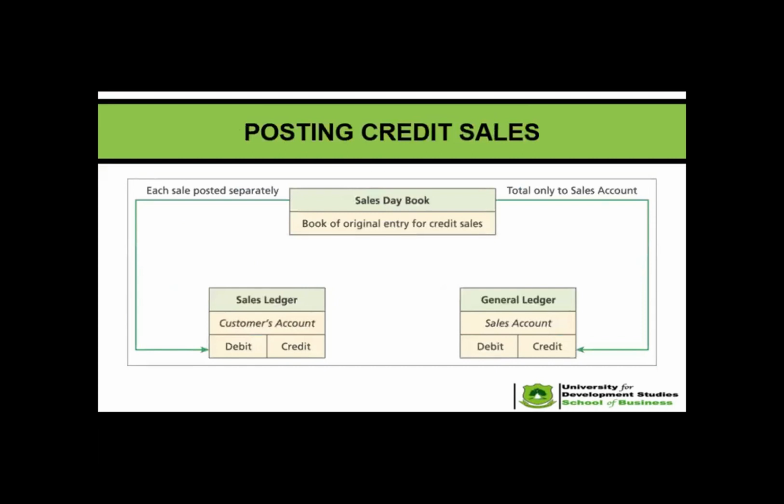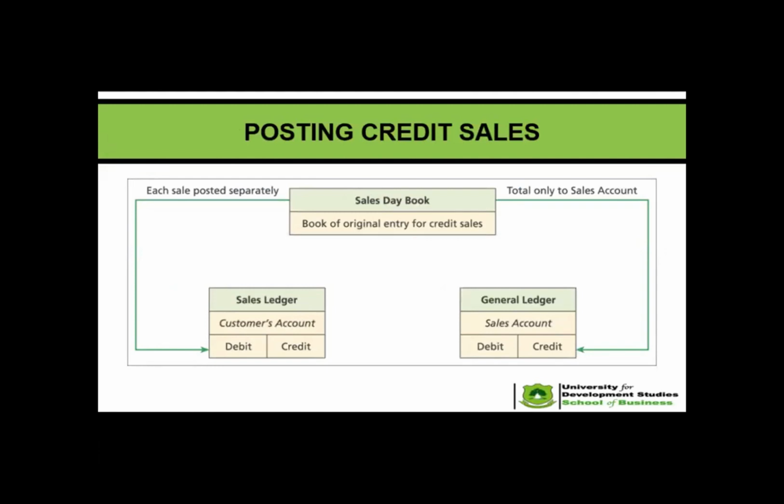Now, we come to Senior's question. Senior says, how do we post transactions from the journal to the various ledgers? This is the framework of how you can post transactions from the journal, particularly when it comes to credit transactions.